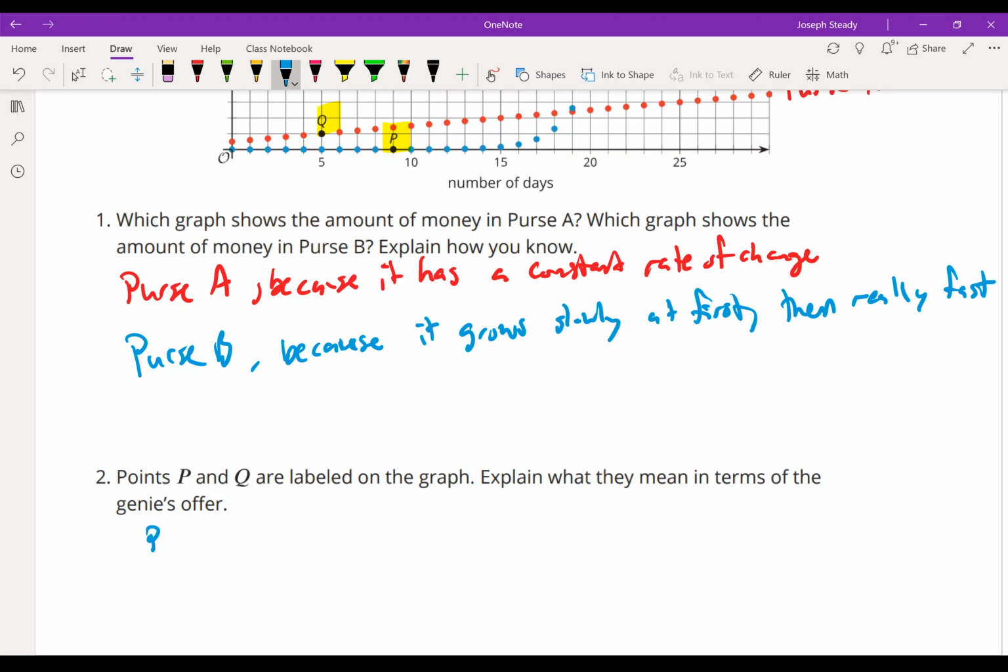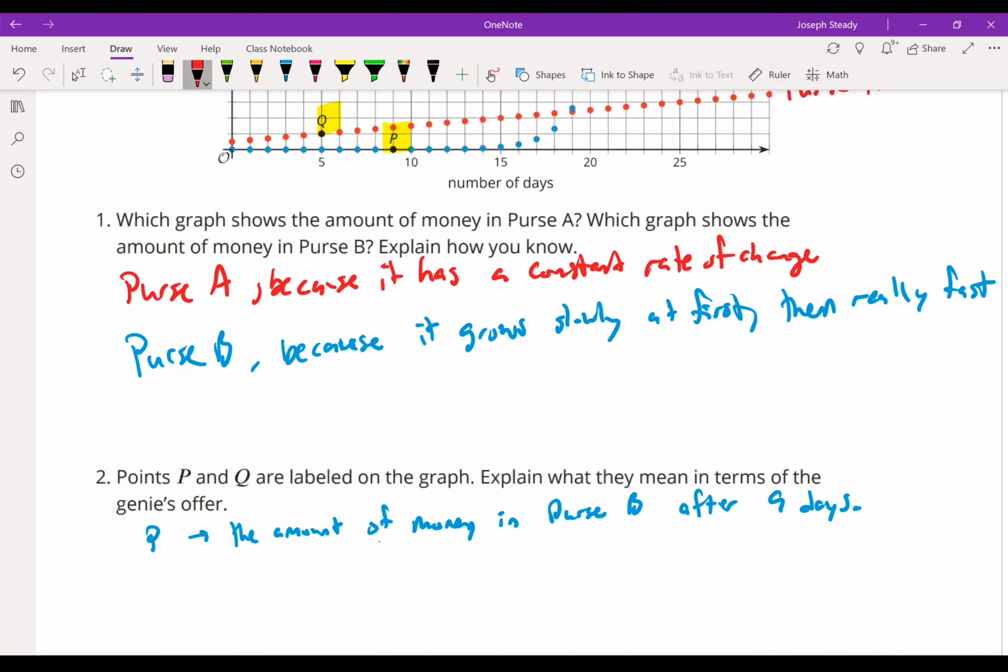It's a really small amount of money. But point P is telling us the amount of money in purse B after 9 days.